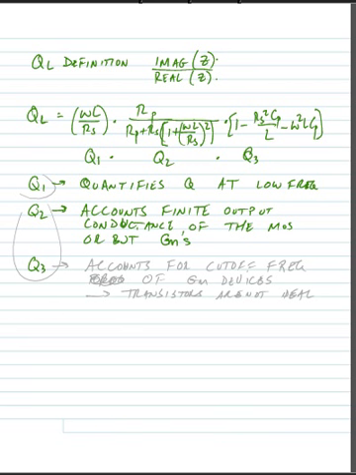And Q3 accounts for the cutoff frequency behavior of the GM source. In other words, the fact that our transconductor has finite current gain at some frequency.